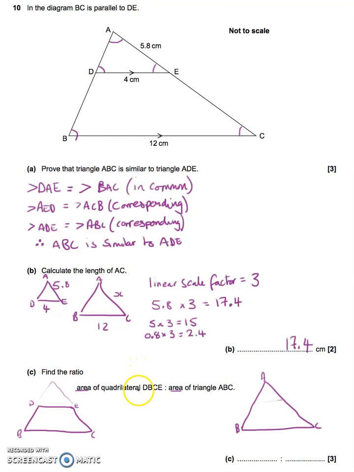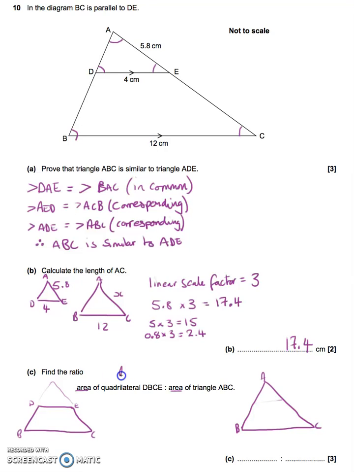So all we can do is work with the fact that we know that this triangle is 3 times bigger than this little triangle, right? So if we make the area of this little triangle 1 unit squared, then we're going to say that this is 3 times bigger.